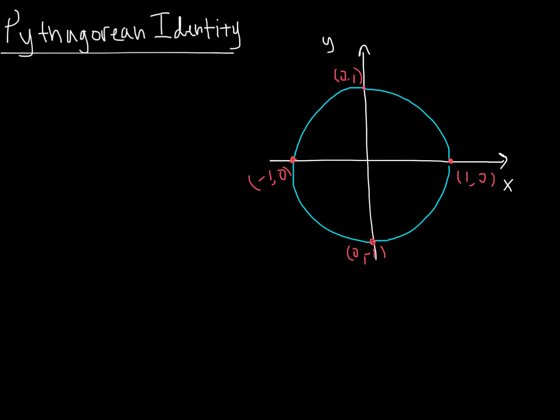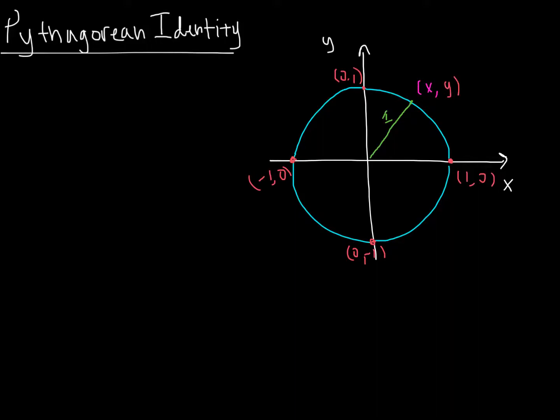Alright, so let's come over to our unit circle here, and let's consider any point on the unit circle. So this is a unit circle of radius 1, so that is the distance 1. This point has an x coordinate, and it also has a y coordinate.